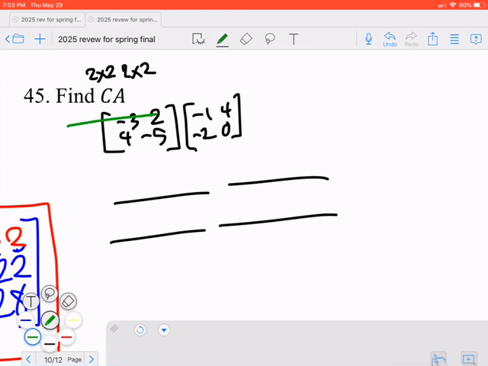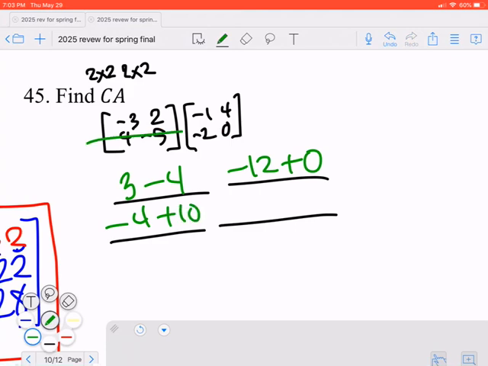First row, first column. Positive 3 minus 4. First row, second column. Negative 12 plus 0. Second row, first column. Negative 4 plus 10.